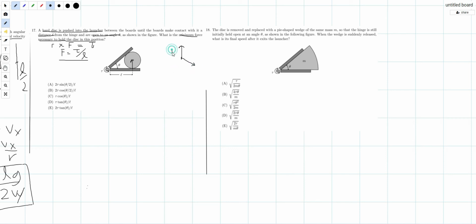And we know that each of these forces, which I'm going to label as F, has the same magnitude of tau by L. So we need to basically figure out what is the smallest force that would balance these two forces.